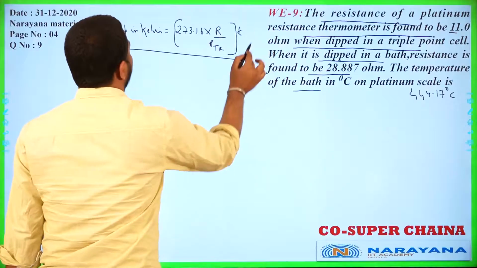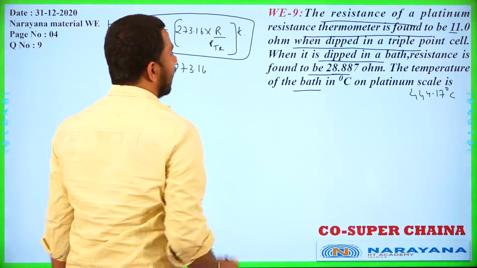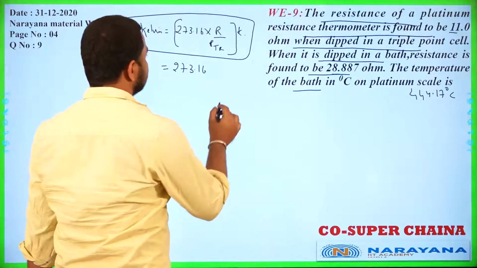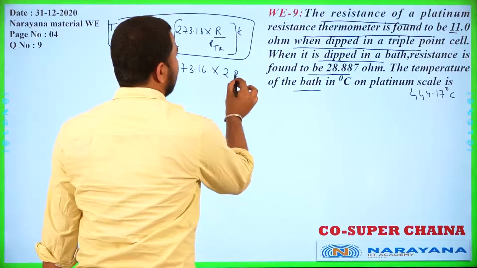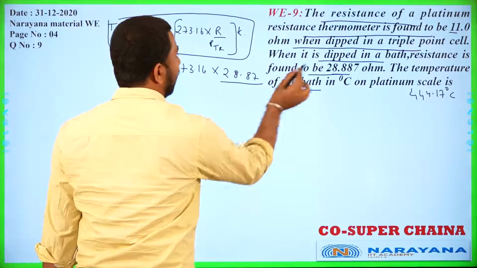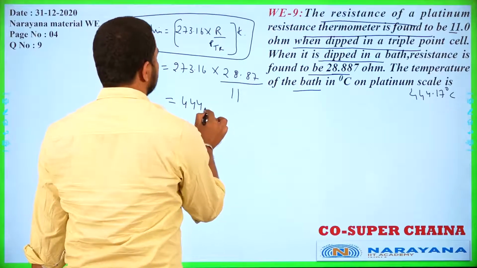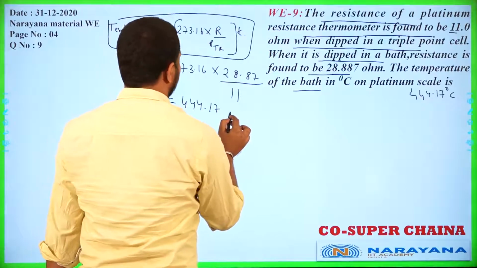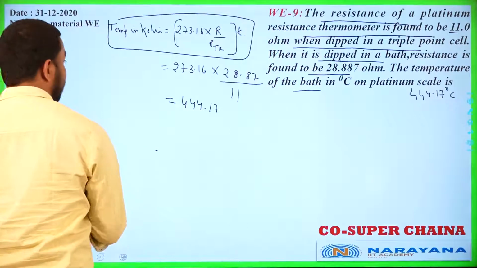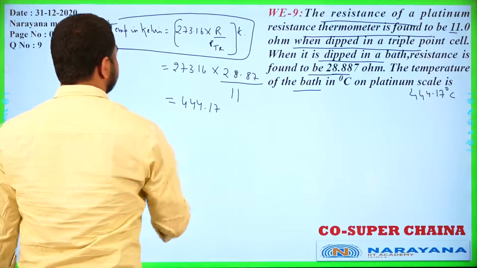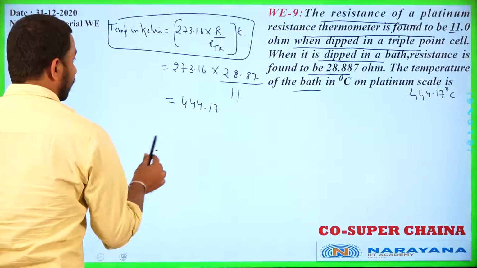So you will use this formula, substitute the values: 273.16, R triple point is given, into 28.87 by this 11. So when you simplify this, this will be coming to 44.1 degrees. No, this will be coming in Kelvin. Just be careful here, the answer will be coming in Kelvin.